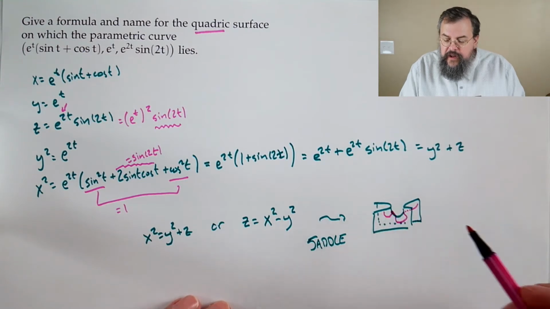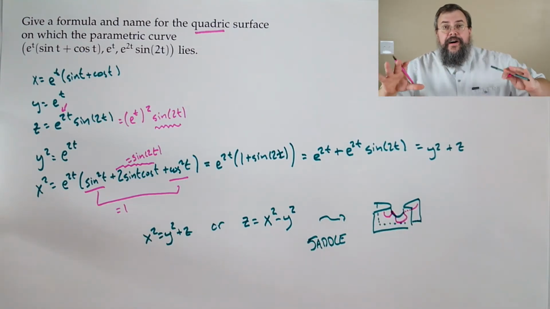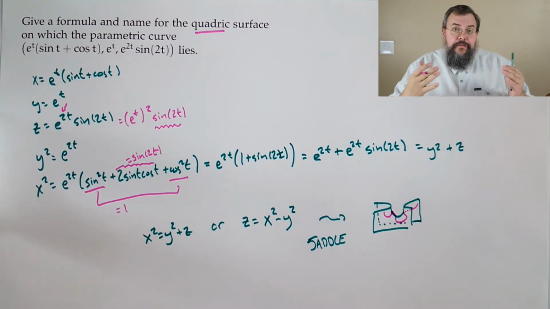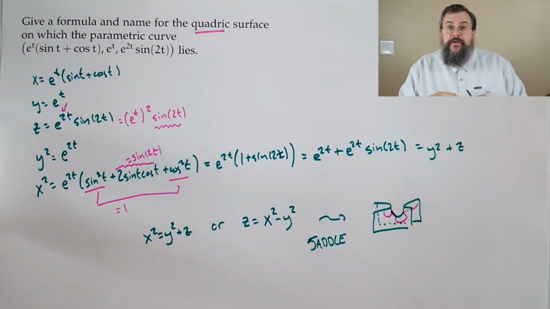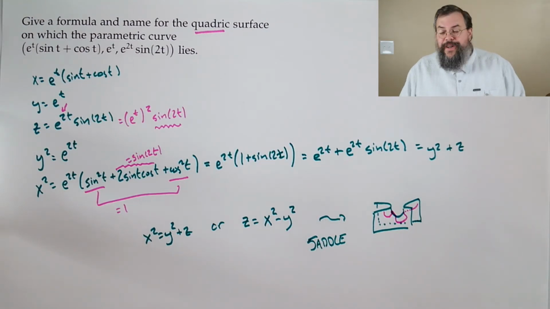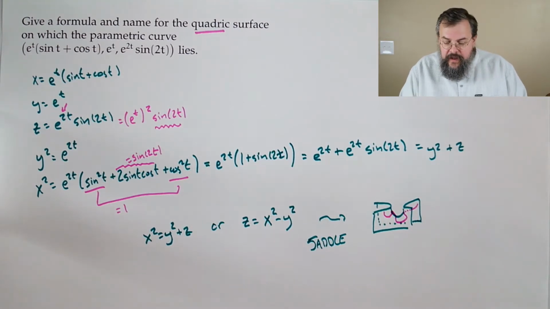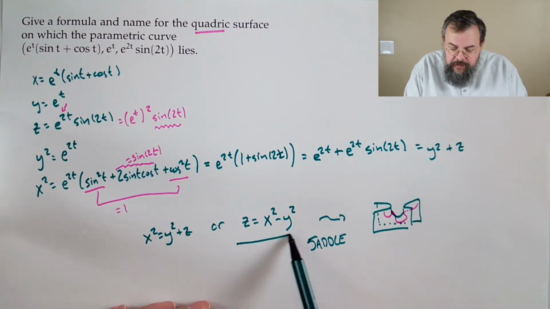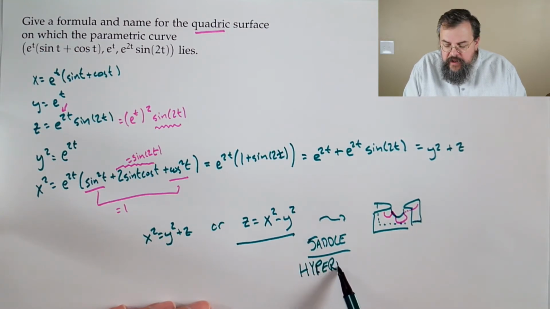We just can't tell which part of the surface it's on, but it will always stick onto that surface because the formula z equals x squared minus y squared is satisfied for every single point on the curve. And so that's it. That's the formula. That's the name. Of course, if we were being fancy, we would write down the hyperbolic paraboloid.